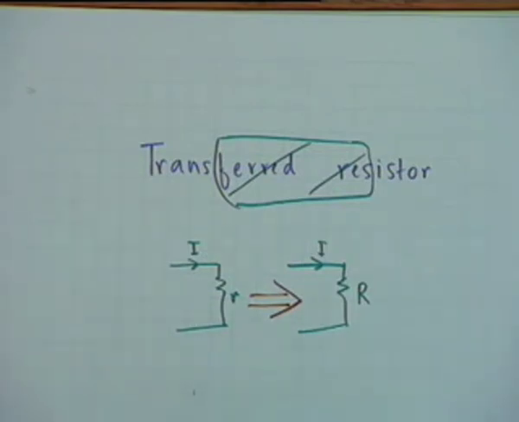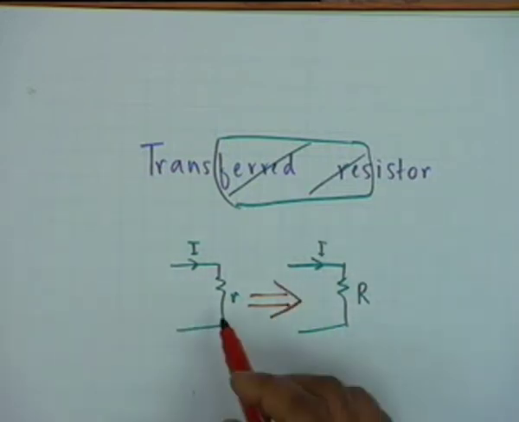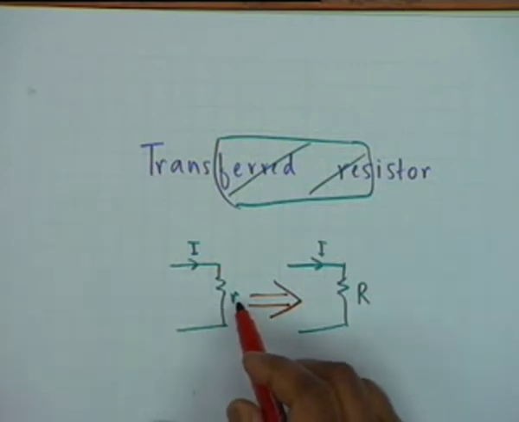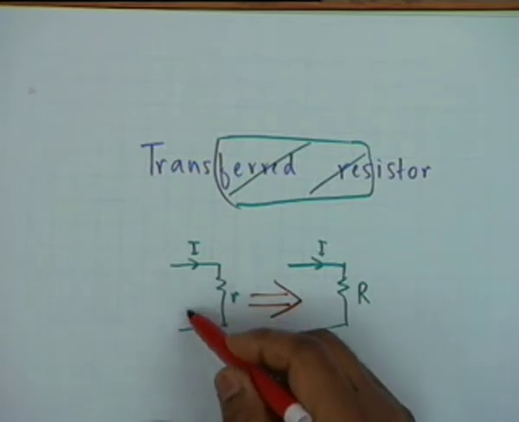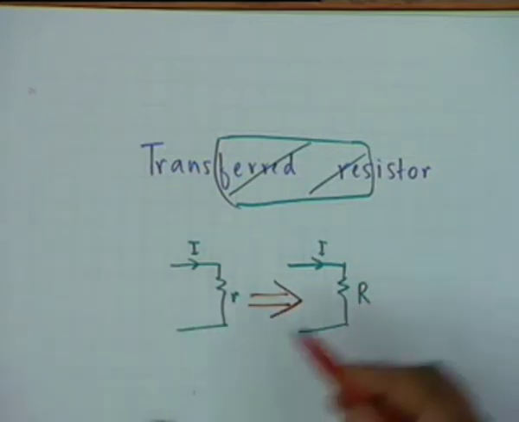All right, a transistor is basically a two port device in which the same current is allowed to pass through a small resistance at the input and a large resistance at the output. And this is why we call it transferred resistor. That is, from a small resistance it is transferred to a large resistance. Provided the current is a constant, then obviously the input voltage would be smaller than the output voltage.